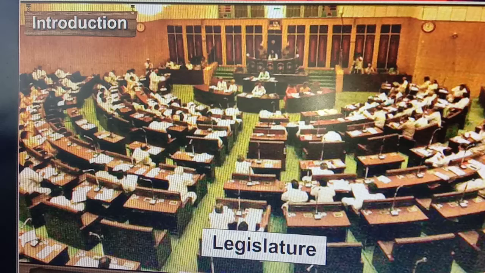The legislature and executive of the state government we are going to learn in the next chapter. So here in lesson two, we are going to learn the legislature at the national level, that is the level of the central government, called the Parliament.